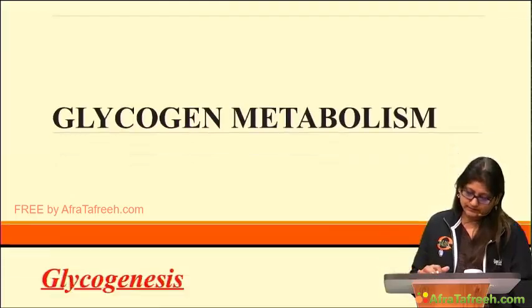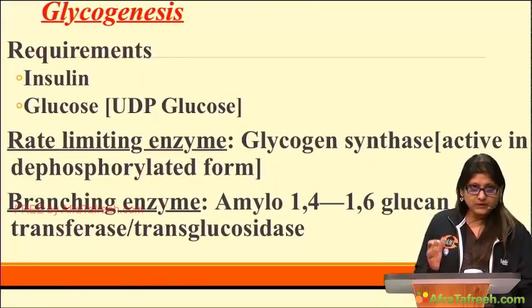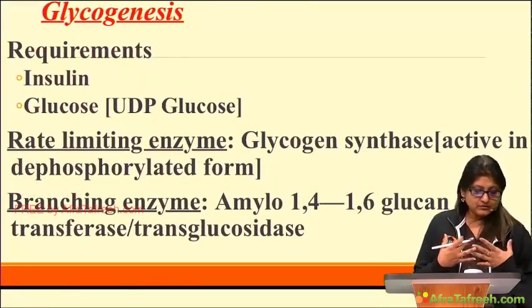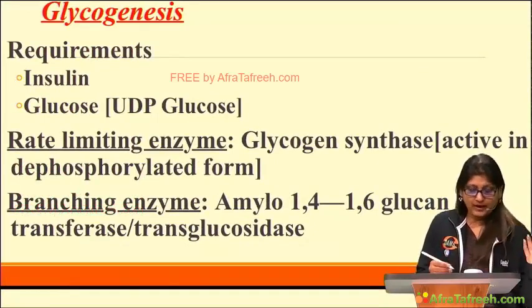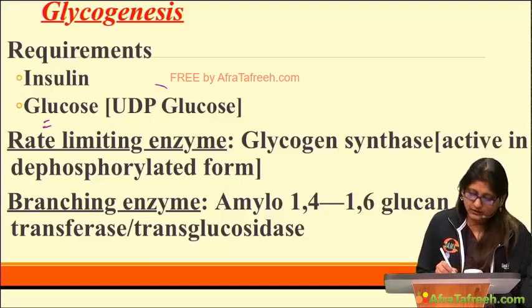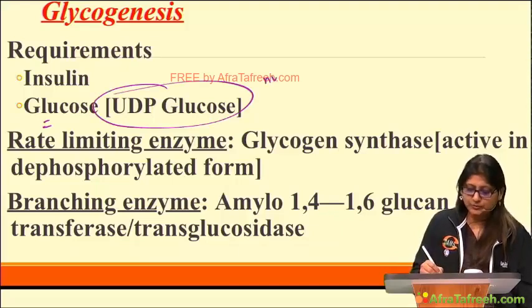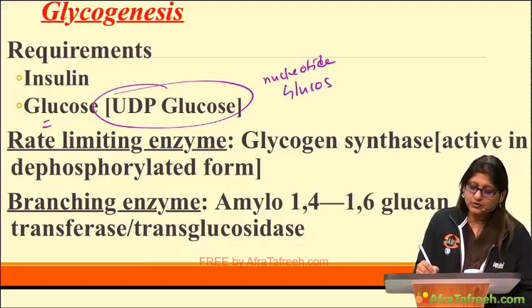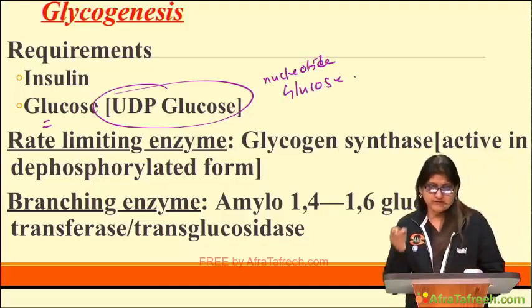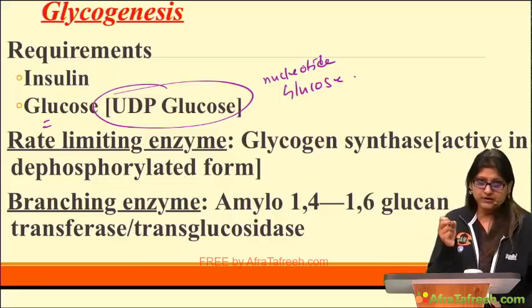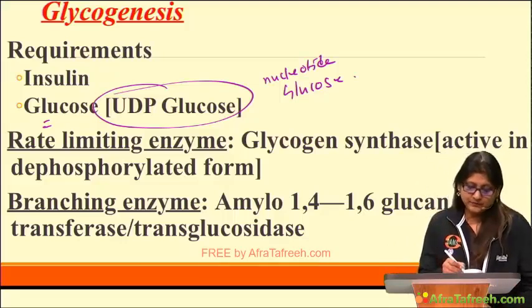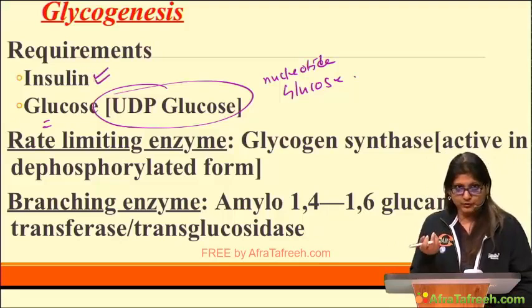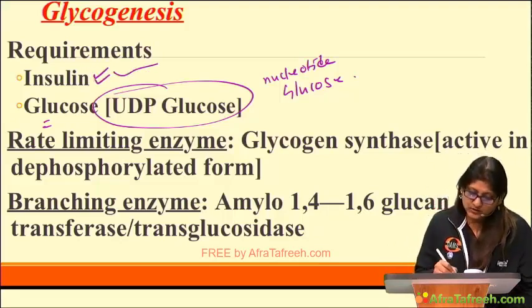Is it clear? Okay, so what is needed for glycogenesis? Glycogenesis requires glucose in the form of UDP glucose, which is a nucleotide glucose. Naked glucose will not be effective. You need to convert the glucose to UDP glucose for glycogenesis. And insulin, as I've told you already, the hormone insulin is needed. What is this insulin going to do?